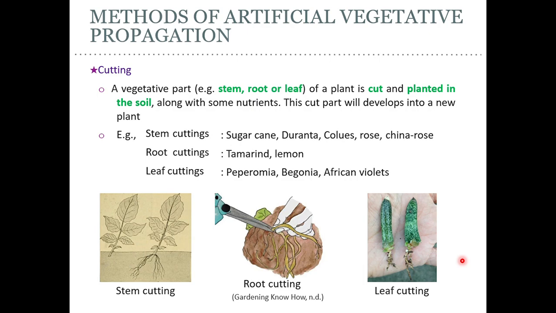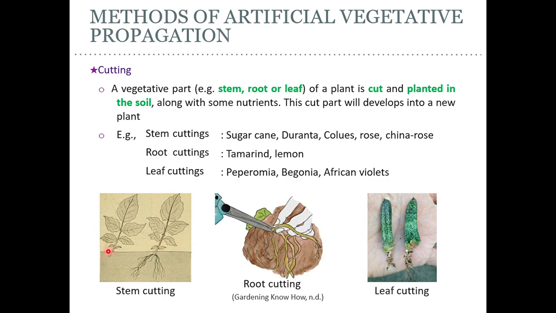Examples of stem cuttings are sugar canes, duranta, coleus, rose, and China rose. For root cuttings, the examples are tamarind and lemon. For leaf cuttings, the examples are peperomia, begonia, and African violet.